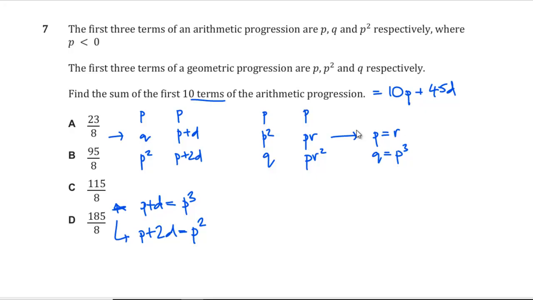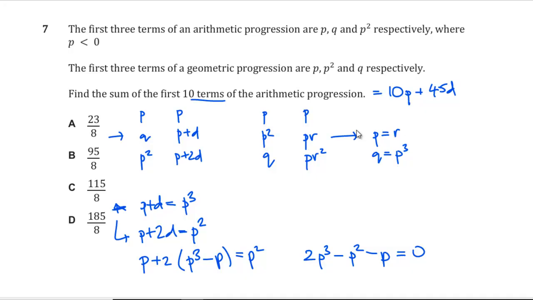Seems plausible, doesn't it? So I'll have P plus 2 lots of P cubed minus P is equal to P squared. Right, so I should be able to get myself a P out of all of this. So I've got 2P cubed minus P squared minus P is equal to 0.